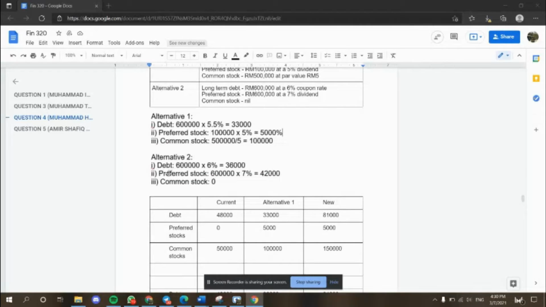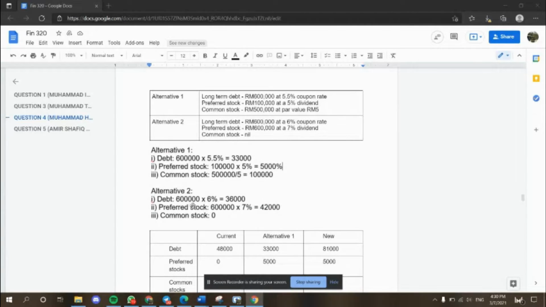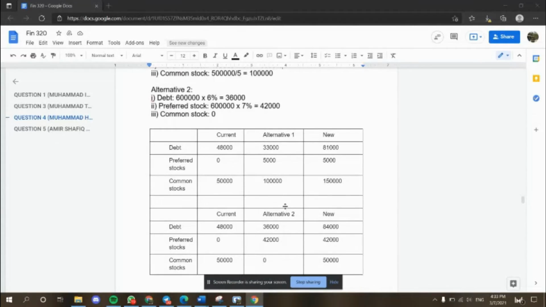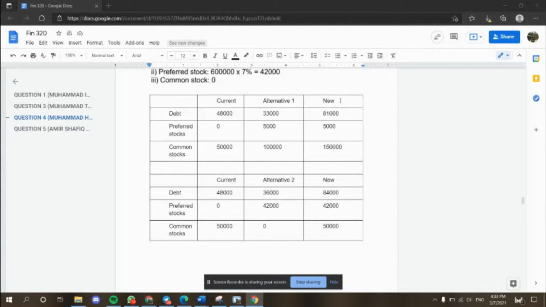And for alternative 2, for debt, 600,000 times 6% and get 36,000. Preferred stock, 600,000 times 7% and get 42,000. For common stock, there is no common stock for alternative 2. Okay, and then we need to combine the current and after raising, and then we get the new one.